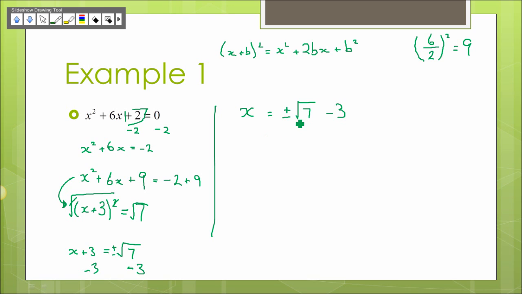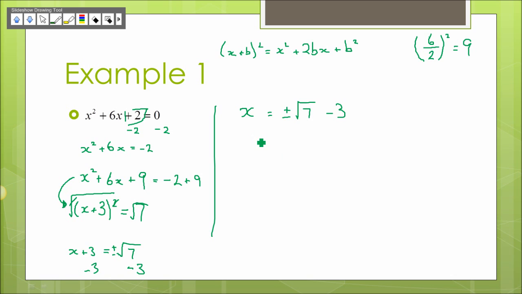You could say that x equals the square root of 7 minus 3 and put it in your calculator to get your decimal, and then do the negative version of it. Do minus the square root of 7 and take away 3 and see what you get as well. Both answers are correct, but I think for the test we'll probably get you to write out both of them. So do plus root 7 minus 3 in your calculator, and then do minus root 7 minus 3 in your calculator and give us both of those answers.